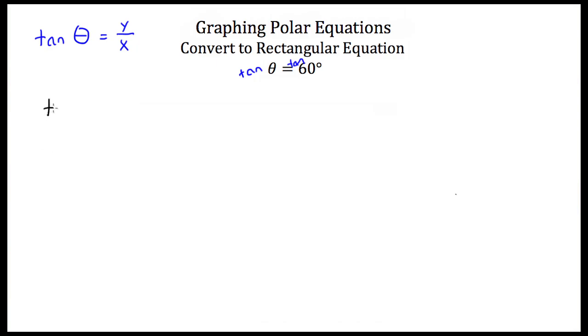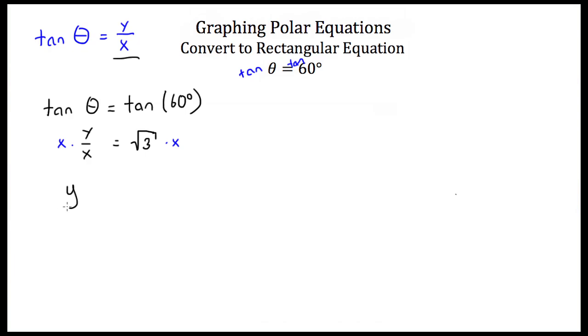So I'll have the tangent of theta is equal to the tangent of 60 degrees. Now the tangent of 60 degrees is the square root of 3, and the tangent of theta is y over x. So I have y over x is equal to the square root of 3. If I multiply both sides by x, I get y is equal to the square root of 3 times x.